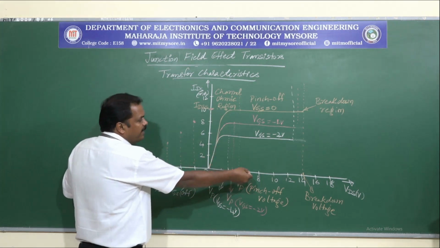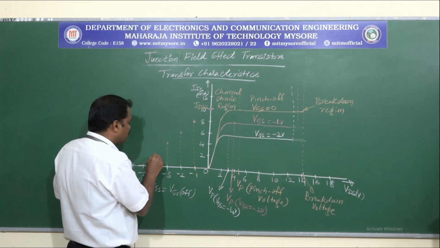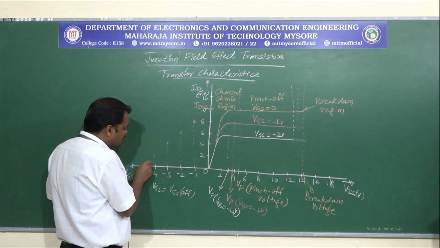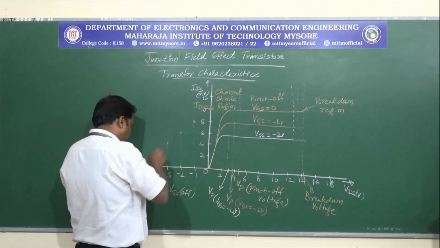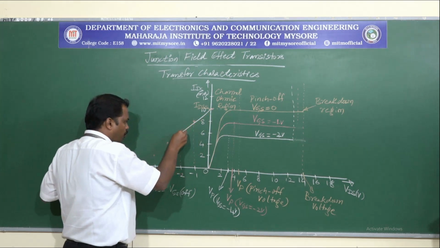Further, if I decrease VGS to minus 4 volts, it may come to this particular point. If I decrease VGS further, it may settle somewhere here. So the transfer characteristics look like this. Let me join these points.